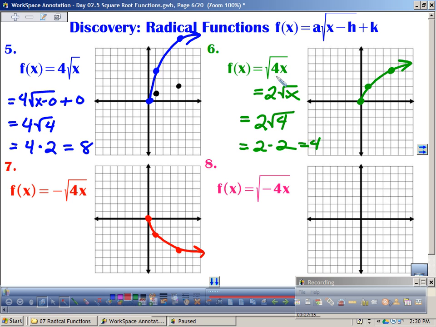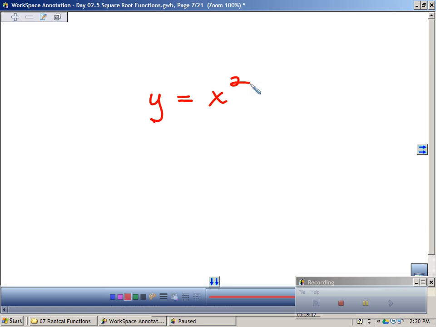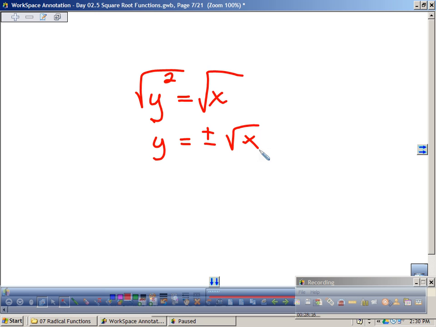If I was trying to solve for this, I would take the square root, right? Wouldn't it be y equals plus or minus the square root of x? You guys have seen that before, because we don't know whether it's positive or negative. It would be plus or minus the square root of x, right?